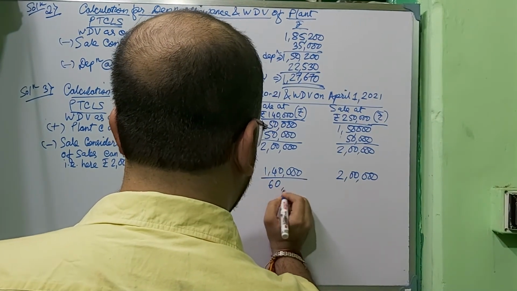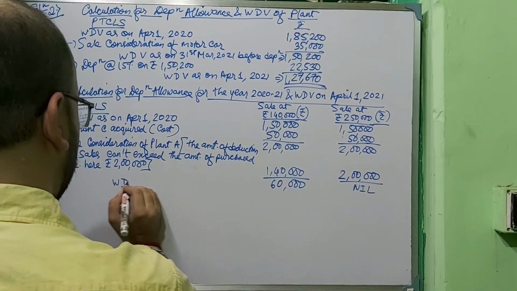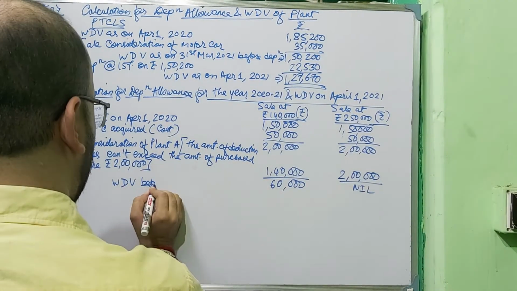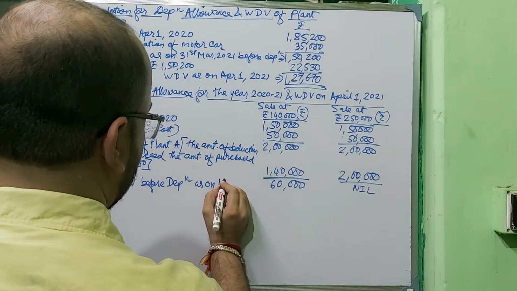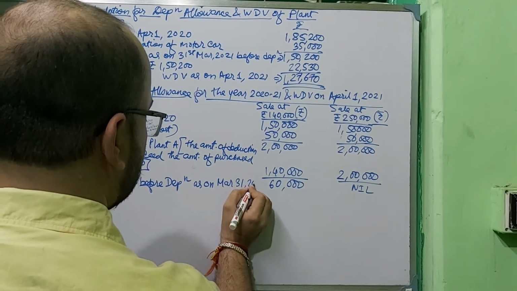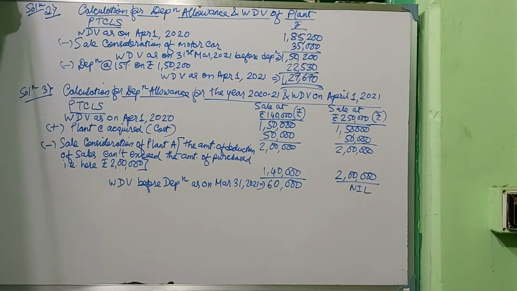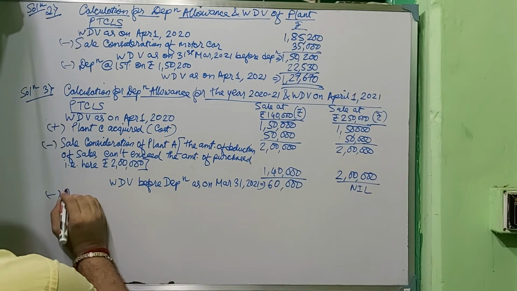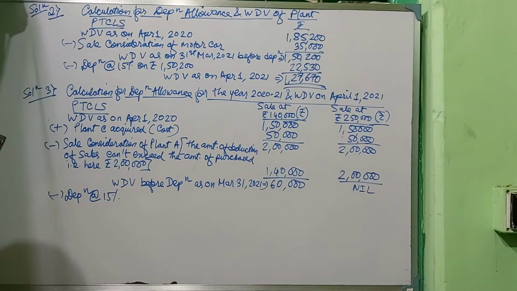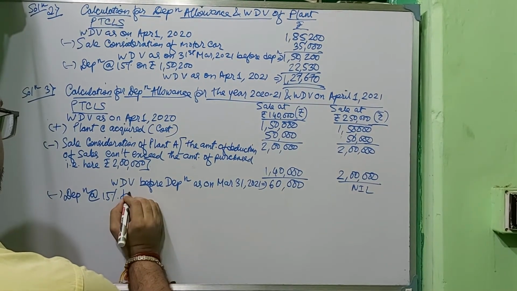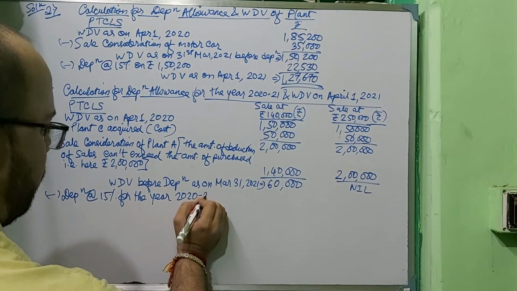So here WDV before depreciation will be 60,000, but here in the second case it will be nil, right? So I am writing that WDV before depreciation as on March 31, 2021. Now over here again depreciation allowance, the rate 15% for the year 2021.